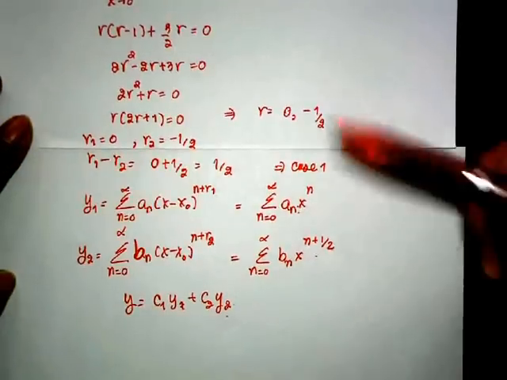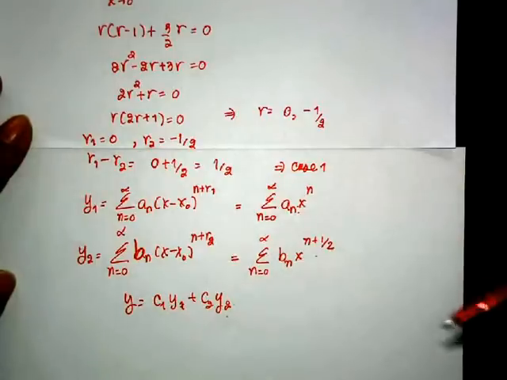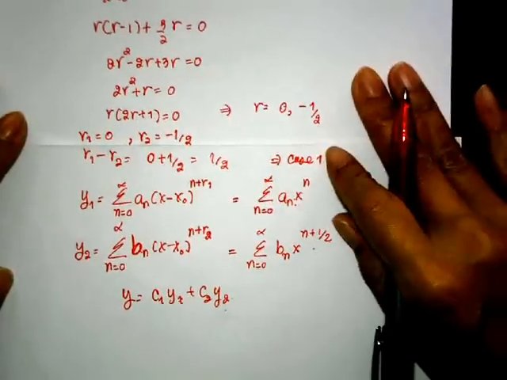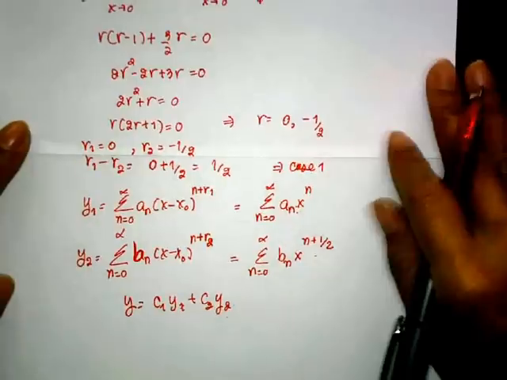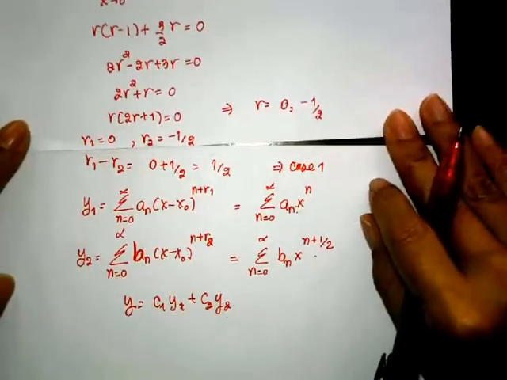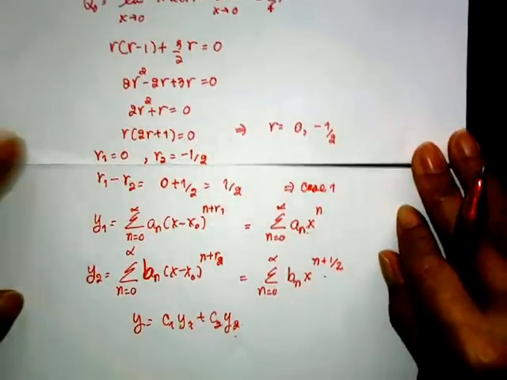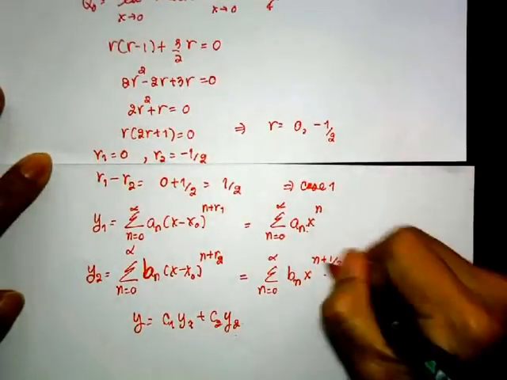So in order to get the recurrence relation, we've got to put the definition of y equal to summation of an times x minus x0 to the power of n. I'm sorry, minus 1 over 2.